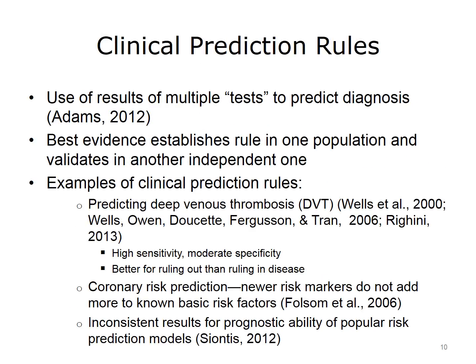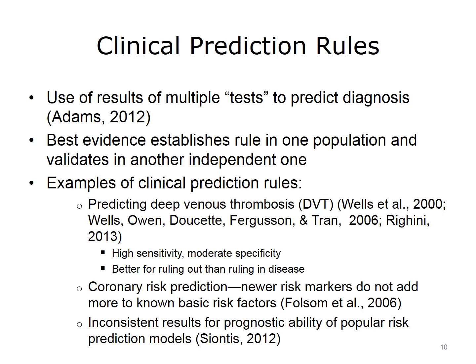We finish this lecture with some discussion about clinical prediction rules. We don't go into great detail, but many of you who are regular readers of the medical literature have probably seen papers where they are used. The idea behind clinical prediction rules is that we use results from multiple "tests," in quotes here, because the information used in clinical prediction rules includes not only things like blood tests and x-rays, but also the presence of certain clinical findings, signs, and symptoms.